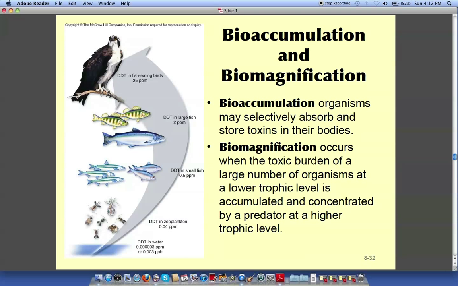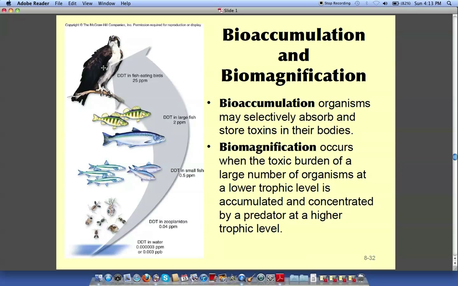and then these smaller fish are eaten by a bigger fish, and then these fish eat that much more, and all this that was accumulated in the small fish is now increasing in the bigger fish, and then even the bigger fish are eating more, and then they get just more amounts of the chemicals, and then the bird, the osprey, the raptor that feeds on these organisms, it magnifies in that predator, the top carnivore, and eventually there's too much toxin, and then we start seeing the effects of the poison or the toxin.